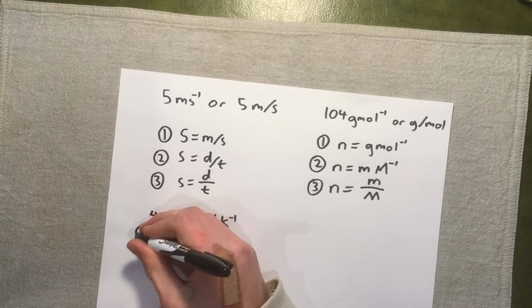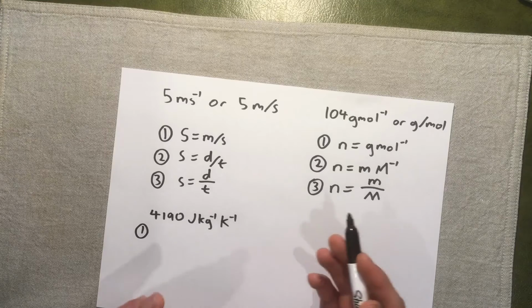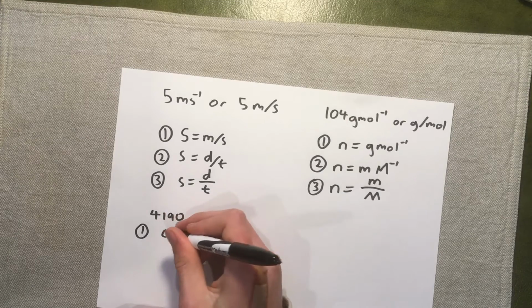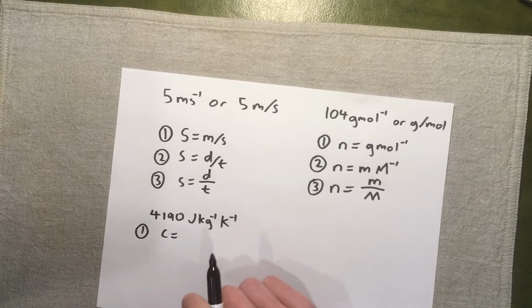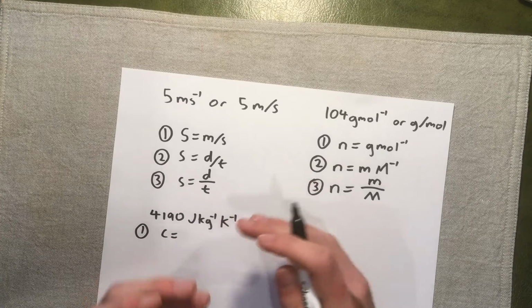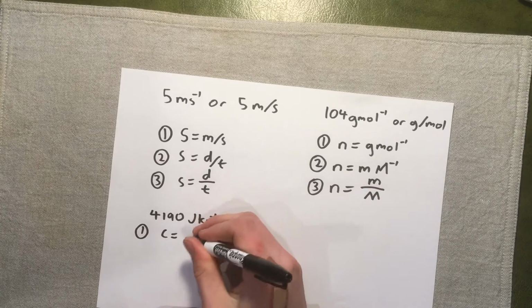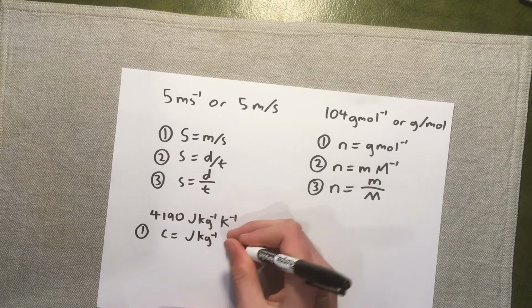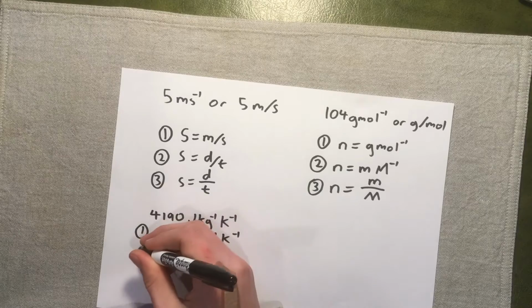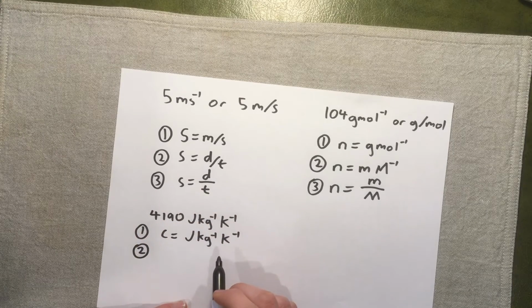So identify the unit. This is specific heat capacity, commonly denoted by C in physics. When you're doing these yourself, you don't really need to know the letter, as long as you have an understanding of what it means. It doesn't have to be the commonly accepted letter. Step 2, change units to symbols.